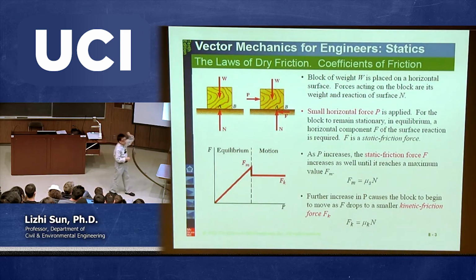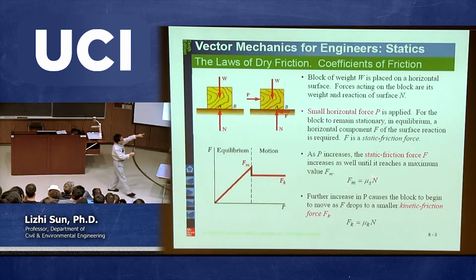Once this block starts to move to the right, then this is called kinetic friction, and the kinetic friction force will be a constant. Before its movement, the friction force resistance keeps increasing until it reaches the maximum.